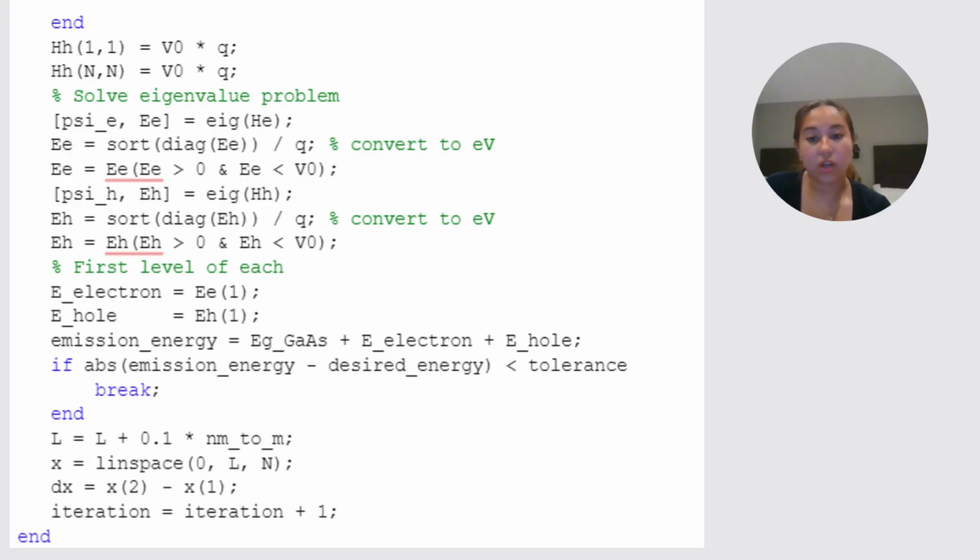Once the Hamiltonians are constructed, the program diagonalizes them using MATLAB's eigh function. This provides both eigenvalues, which are the allowed energy levels, and the eigenvectors, which are the wave functions associated with those energies. The eigenvalues are converted into electron volts and filtered to keep only the values lying inside the potential well.